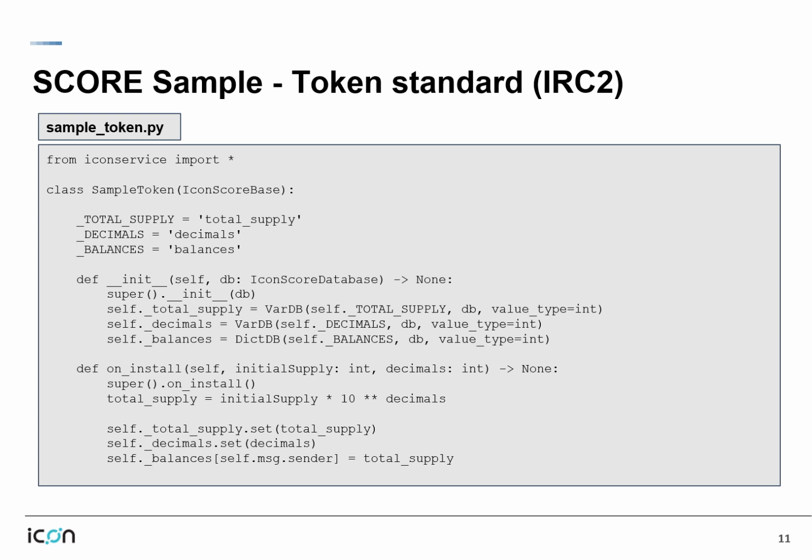Several instance variables that are mapped to stateDB are initialized in the __init__ function. on_install will be called when this SCORE is deployed for the first time and loaded into memory for execution. You can pass parameters like initial supply and decimals to set the initial state of the SCORE. In this example, 100% of initial tokens go to the contract owner.